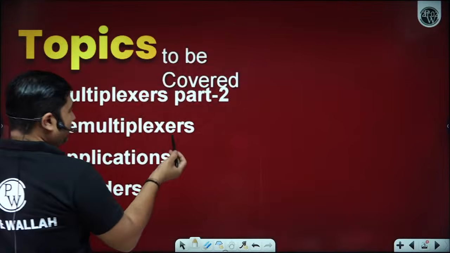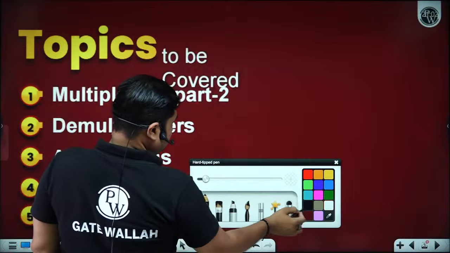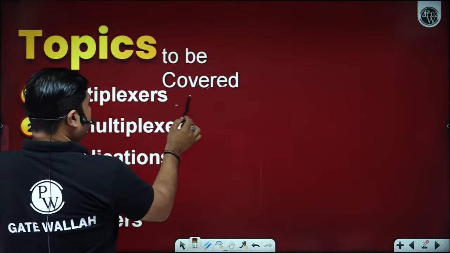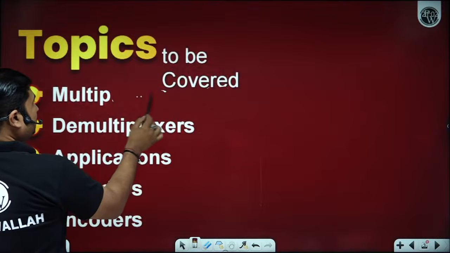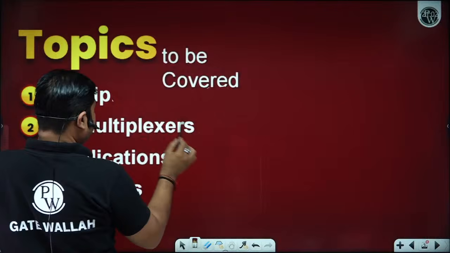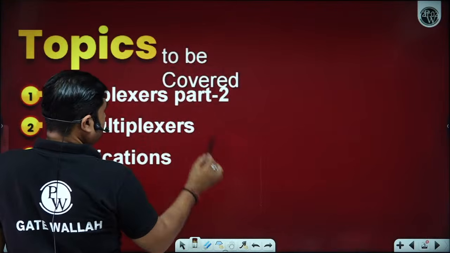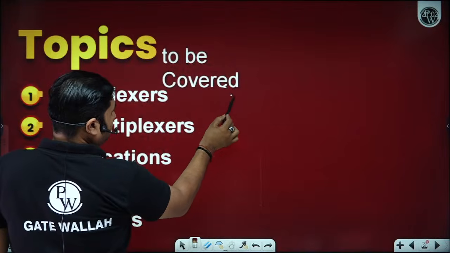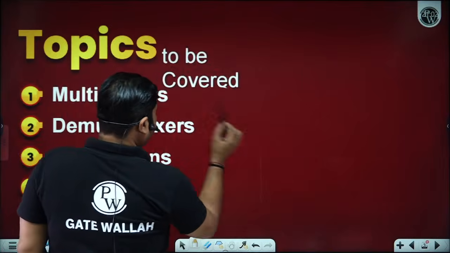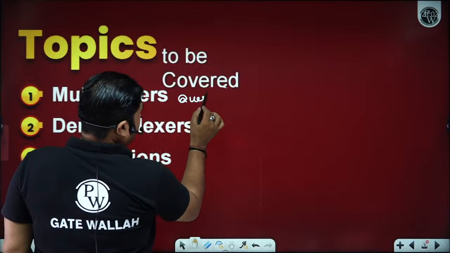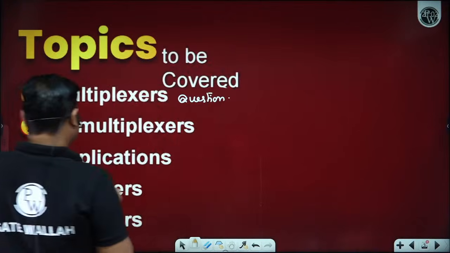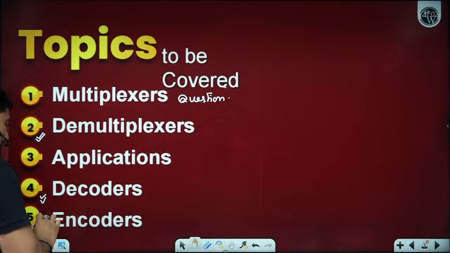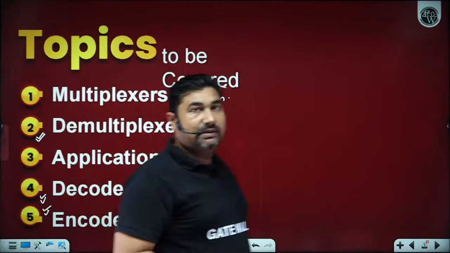We will do some small part of the questions in this session as well, and then I will move towards the demultiplexer, decoder and encoder. I will try to start encoder today.